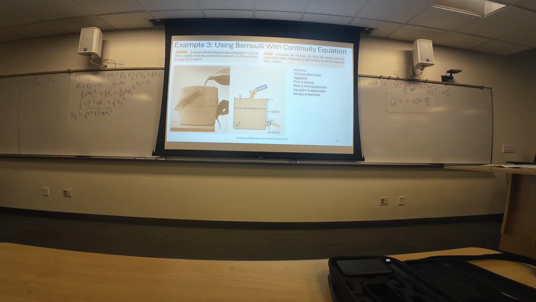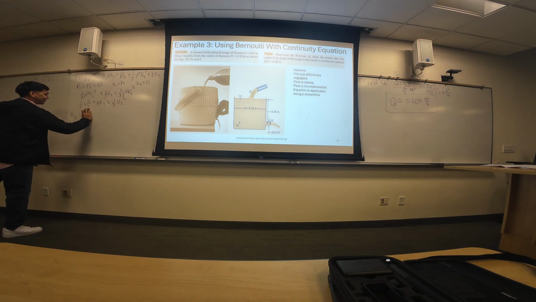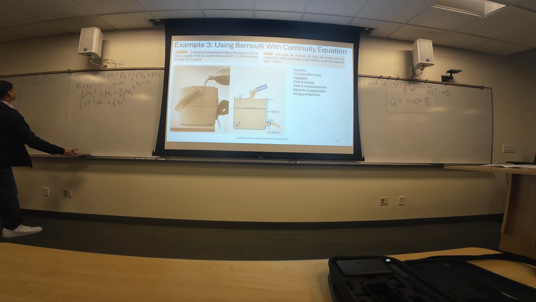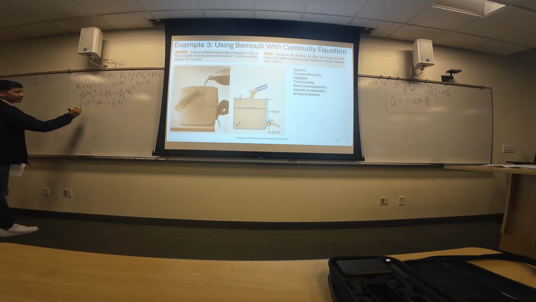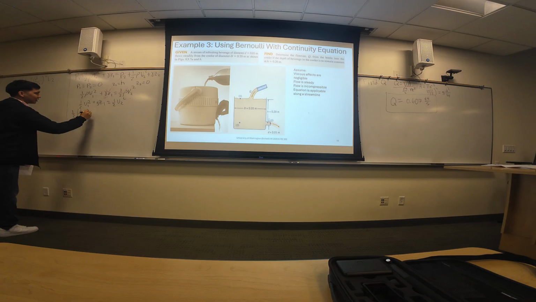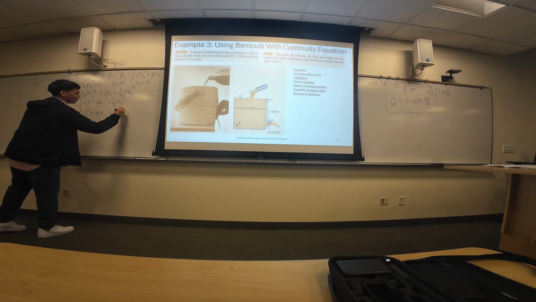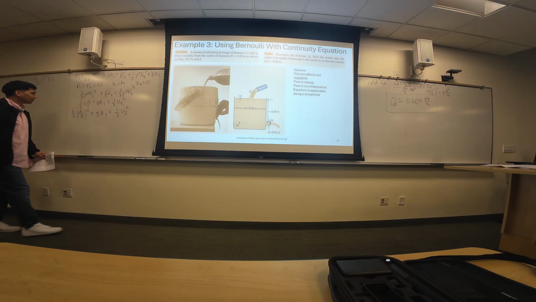Then we have V1 here. Oh, sorry, I should not have done this yet. Let's put this in first, V1. So, okay, 1/2 V1 squared, D over D squared, plus G Z1 equals 1/2 V2 squared.